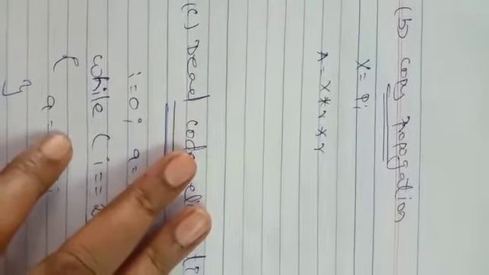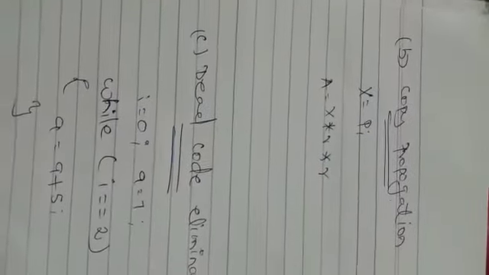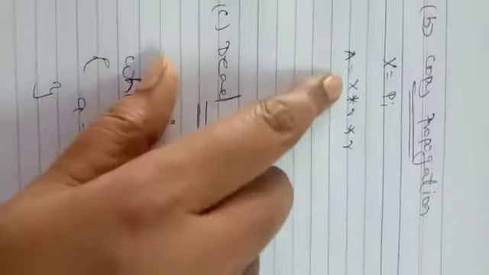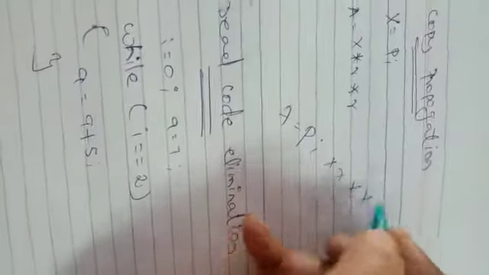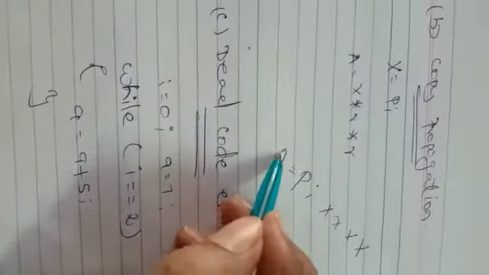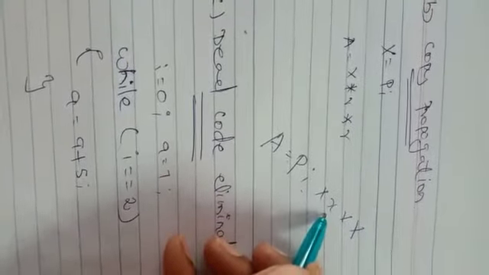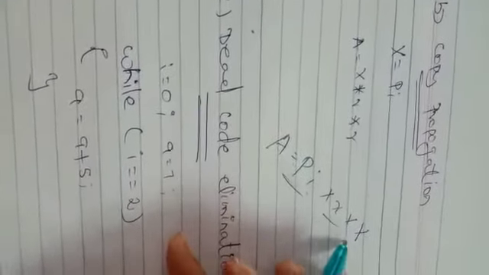The next one is copy propagation. What does copy propagation mean? Instead of using a longer construct we can use a shorter one. For example, just imagine a = pi * x * x.